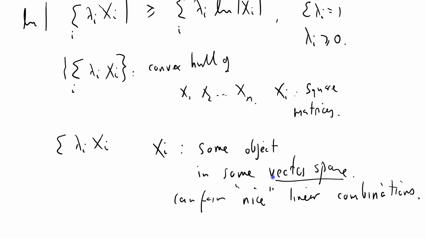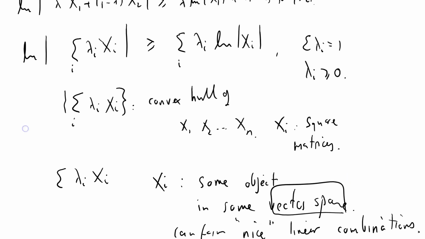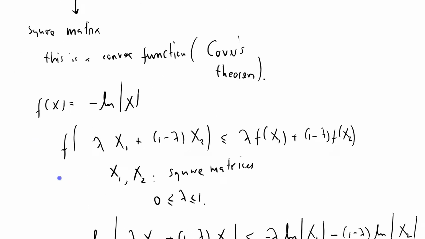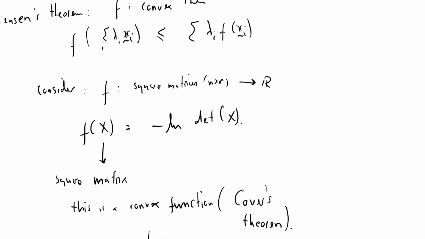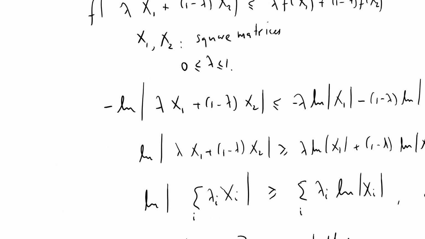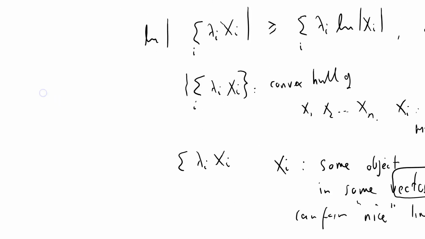Okay, the technical word for it is a vector space, but it works for matrices and it works for a whole bunch of other things as well. So what I'm doing is trying to show you that Jensen's inequality and convexity have got nice, not analogues exactly, but they've got nice applications and nice uses elsewhere in mathematics. And I'm going to stop there.